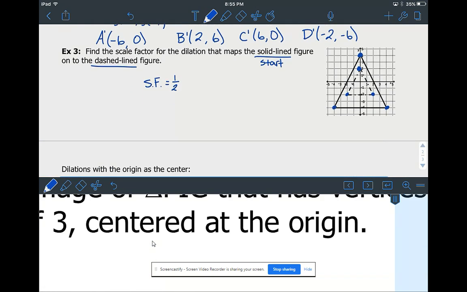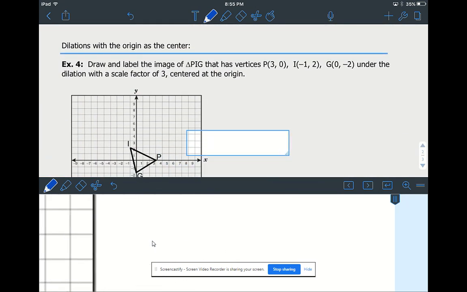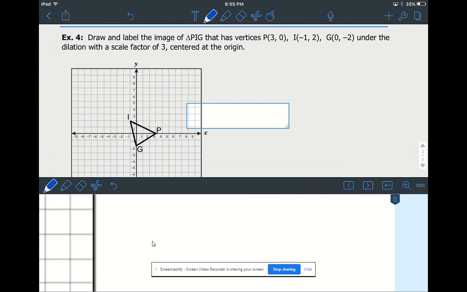All right, flip the page. Dilations with the origin at the center. So we're going to start with an easy dilation here. It says draw and label the image of triangle PIG that has vertices of the following under the dilation of the scale factor of 3 centered at the origin.